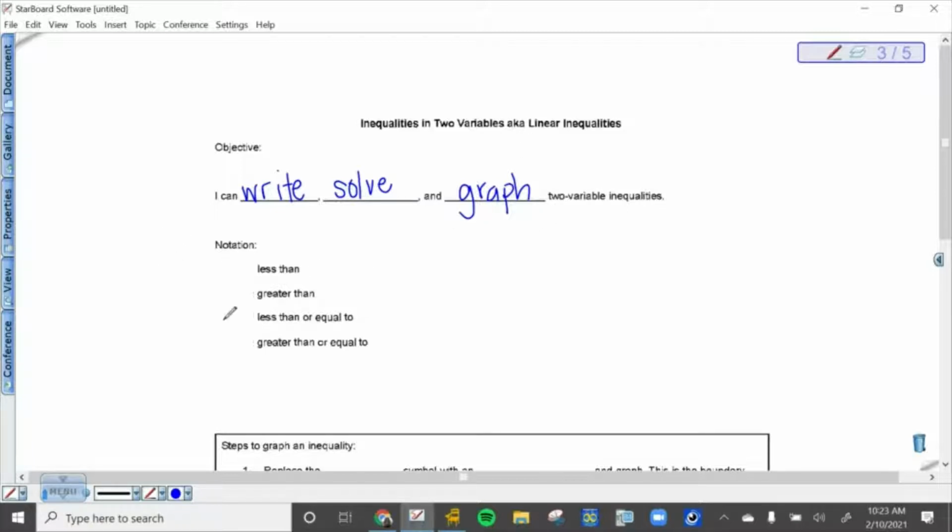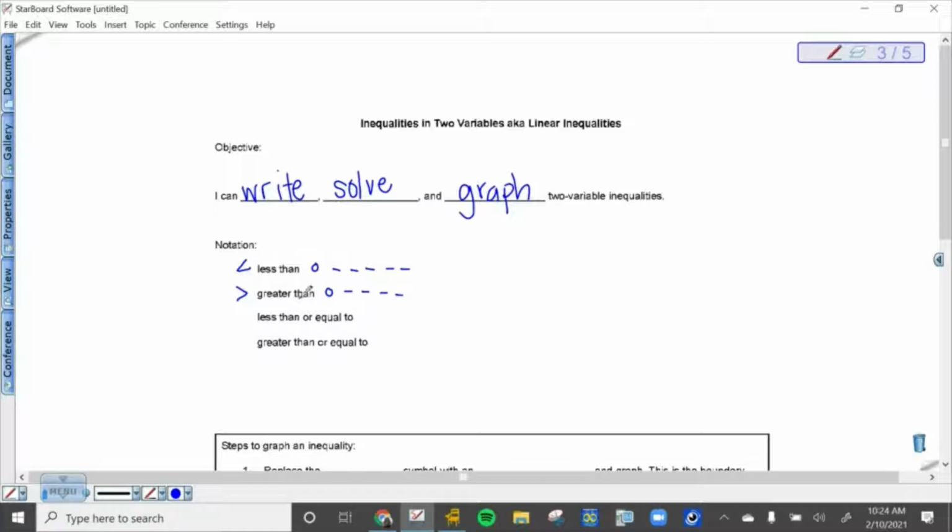So again, one more time, we'll go over this. Less than, greater than, less than or equal to, greater than or equal to. For one variable inequalities, the strict ones have open circles. For two variable inequalities, we're going to be drawing lines, which means we have to differentiate between less than and greater than, or less than or equal to and greater than or equal to.